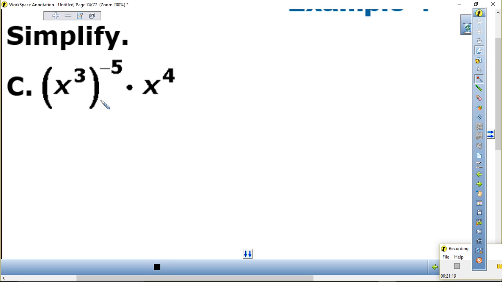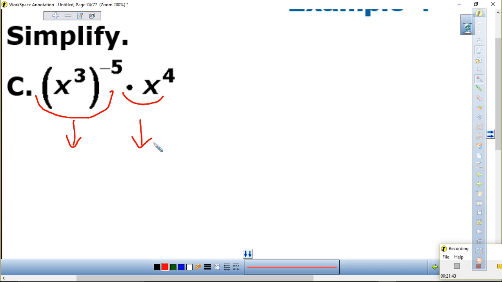Notice here we have a lot of stuff going on. I want you to do this part first. Bring it down. Once you do that part first, bring this one down, and then you can finish it off like that. Copy that and go.